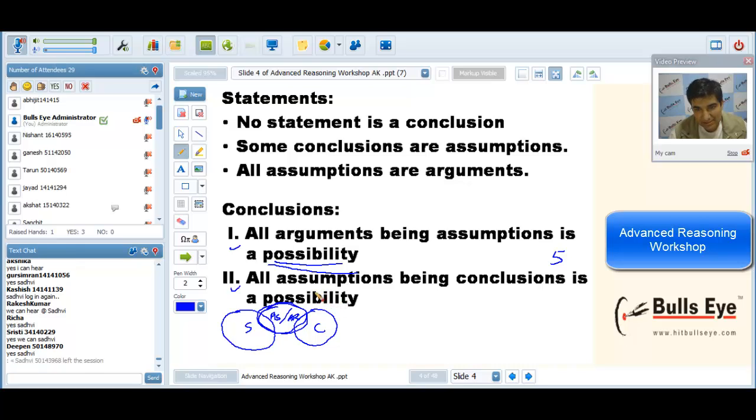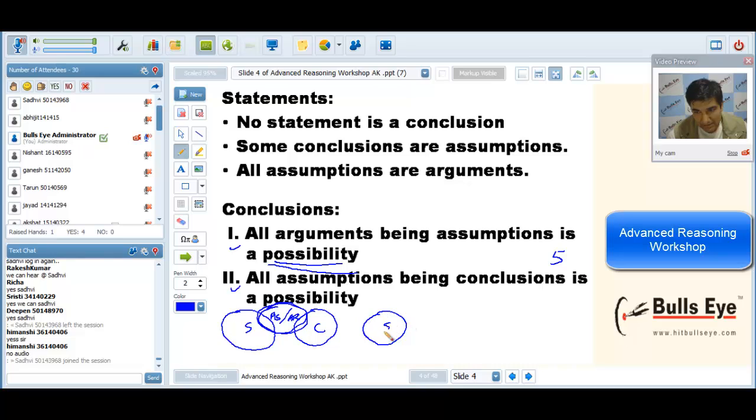Since the statement was some conclusions are assumptions, I can have a scenario with statements, conclusions, and I can draw the circle for assumptions in the conclusion, which clarifies some conclusions are assumptions.